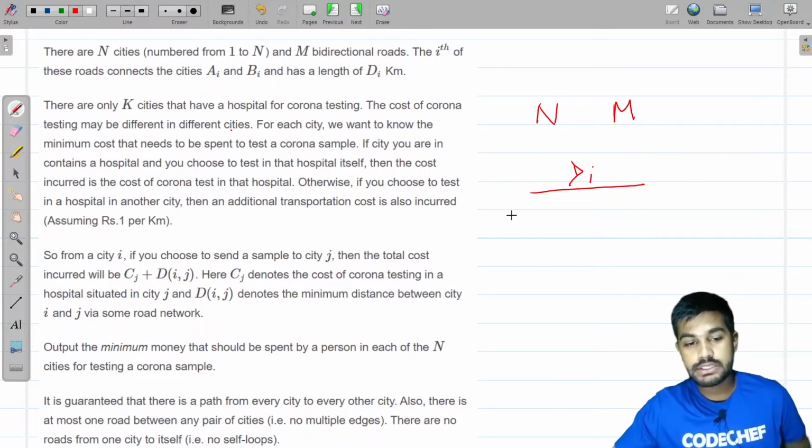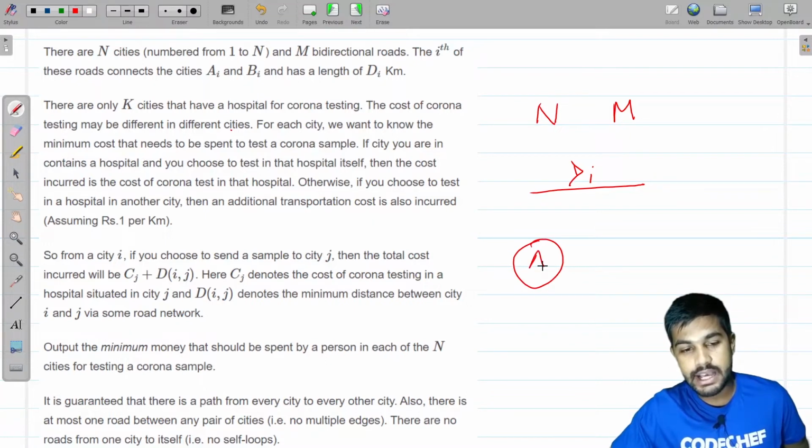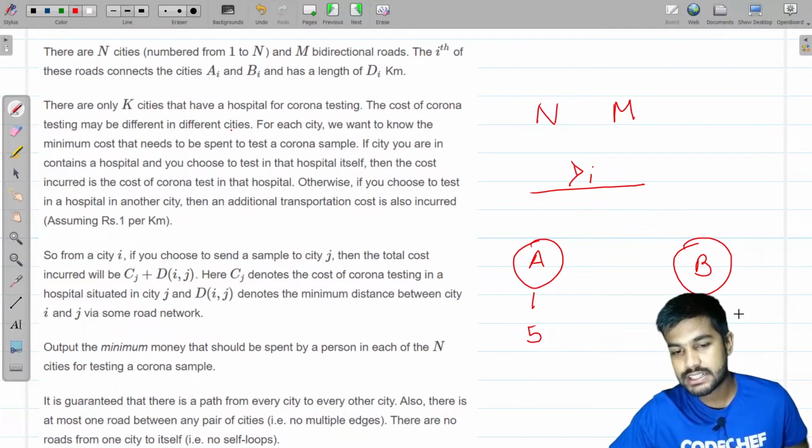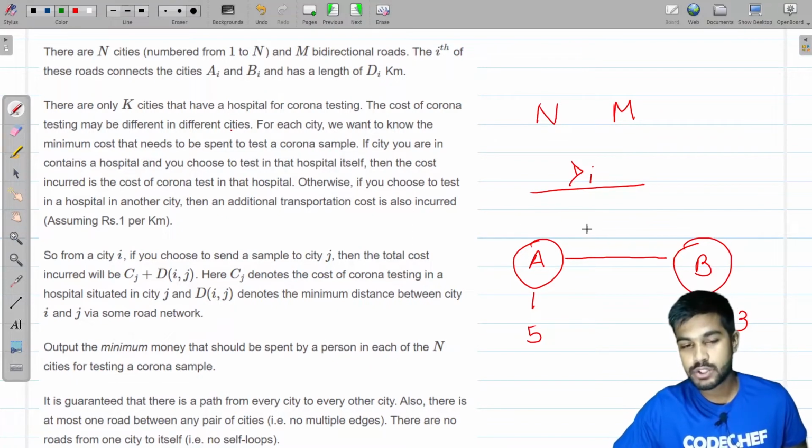Now, suppose there is a city named A and a city named B. The cost of testing in this city is 5 and the cost of testing in this city is 3. There is a road between these and the length of this road is, suppose, 3 itself.